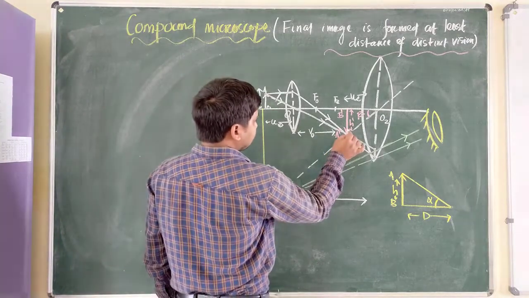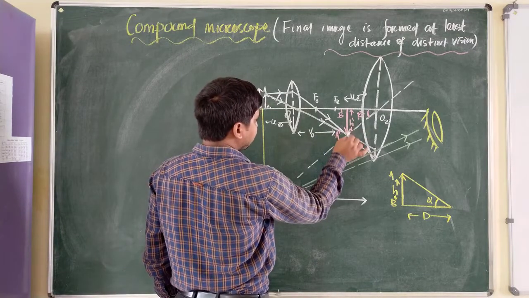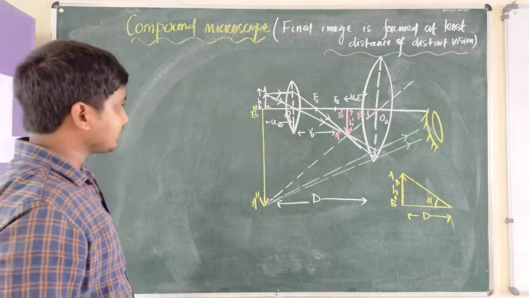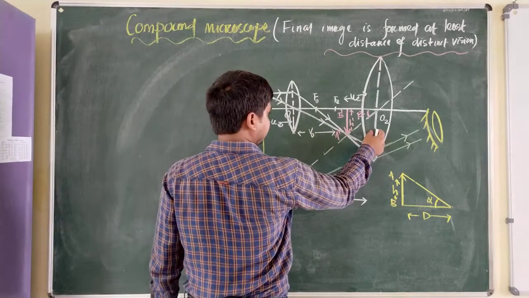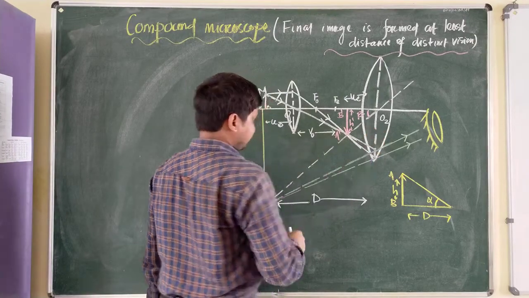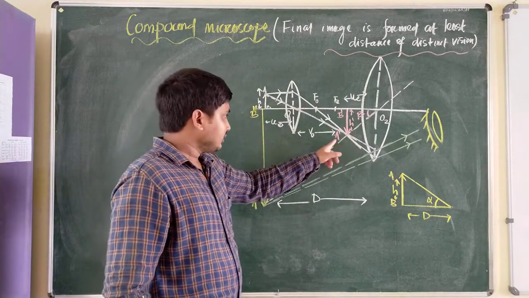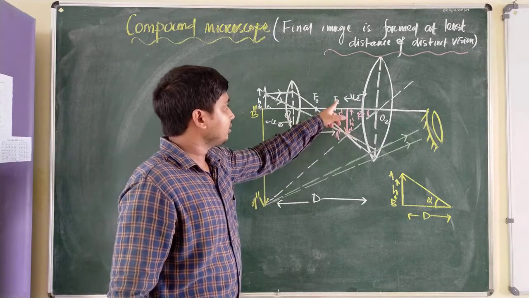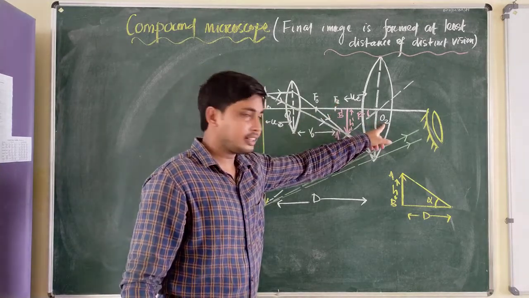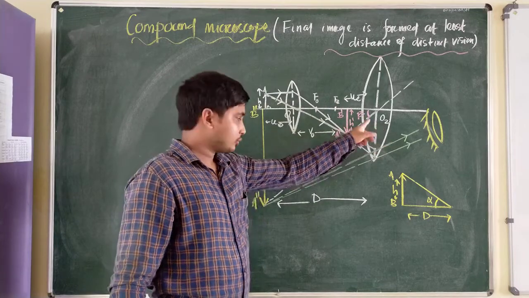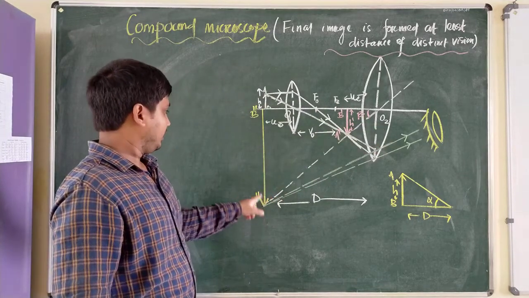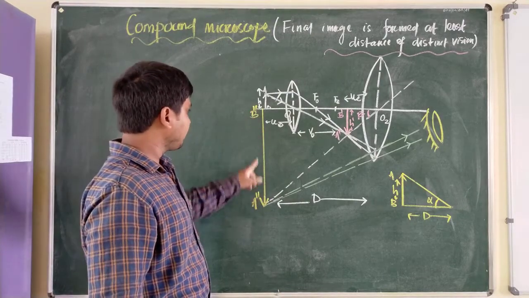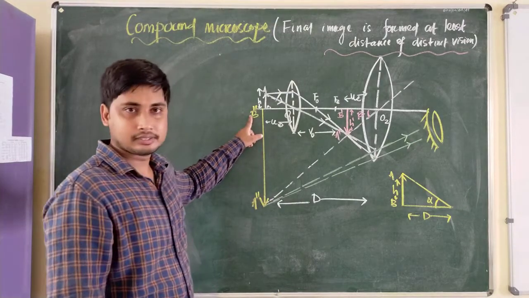Similarly, this image A prime B prime acts as a virtual object for the eyepiece lens, and as A prime B prime lies within the focus and the optical center of the eyepiece, its virtual, erect and magnified image A double prime B double prime is formed here.